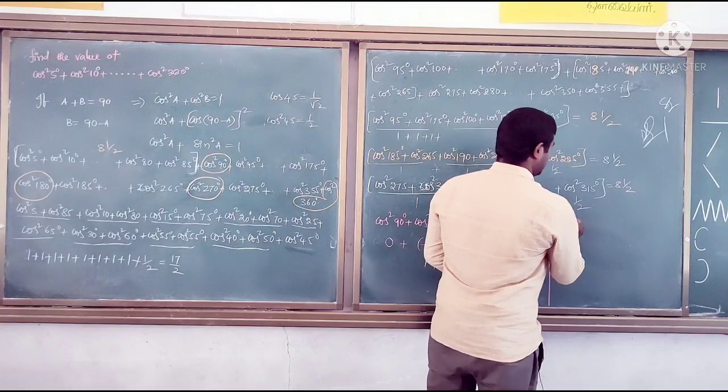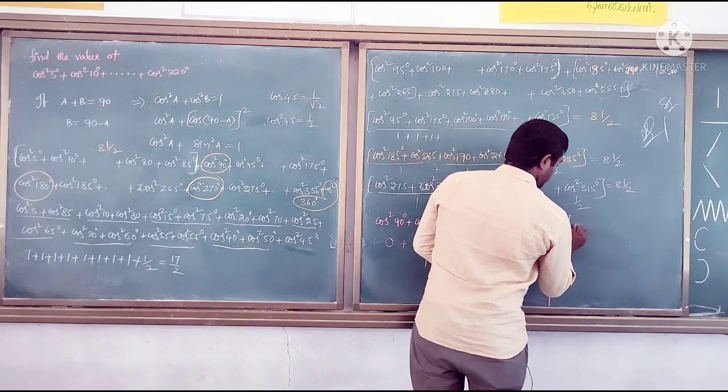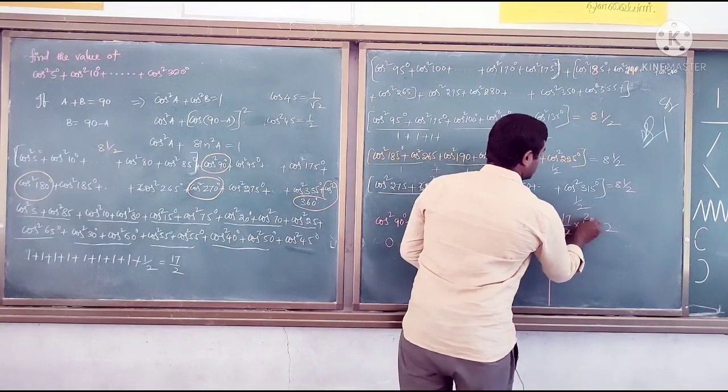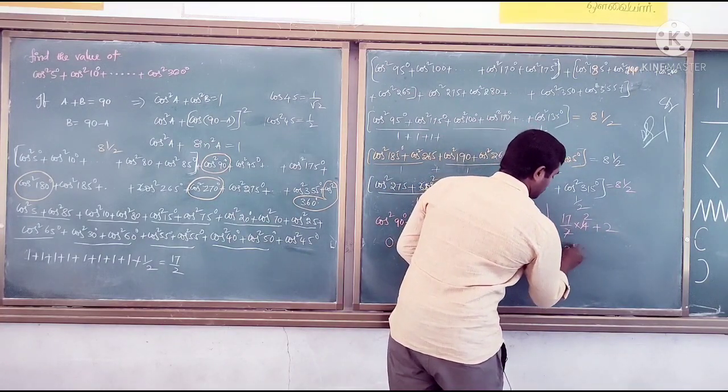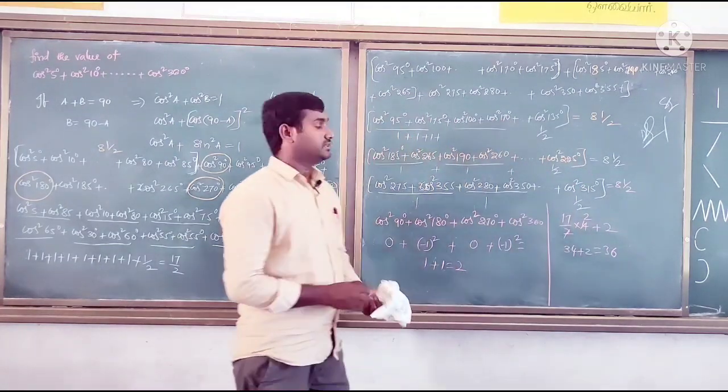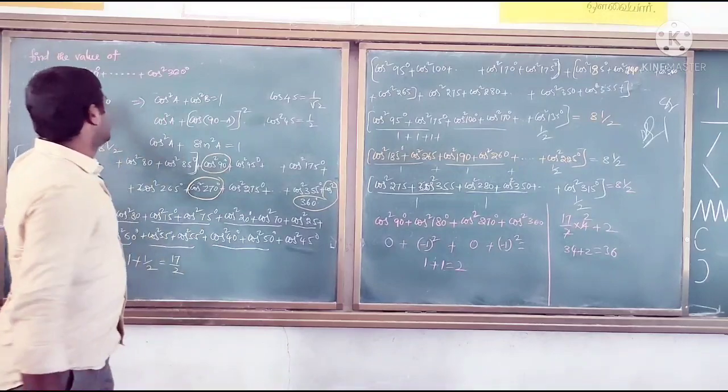Then plus 2. So 2 sevens are 14, 2 fours are 8, 34. 34 plus 2 is 36. So this is the answer for the given question.